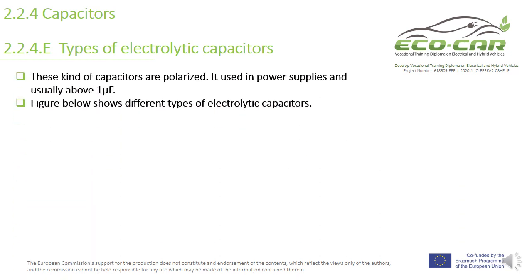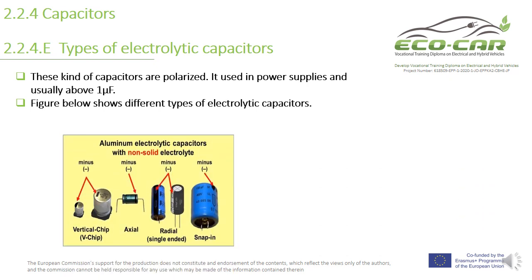Types of electrolytic capacitors. These kinds of capacitors are polarized, as we mentioned in the last slides. They are used in power supplies and usually above 1 microfarad. These are many kinds of electrolytic capacitors. This one is small.